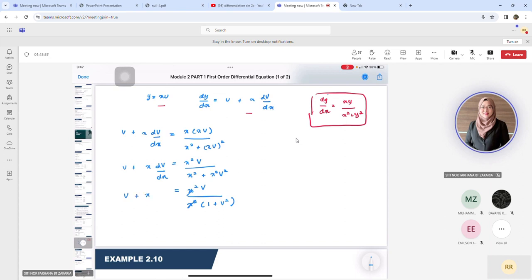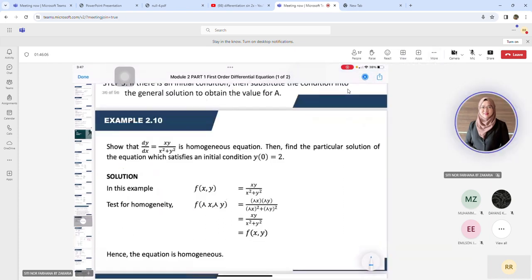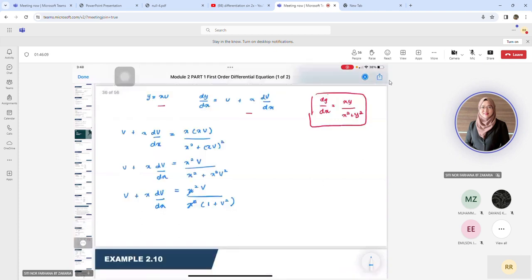So this is simpler equation you can get. Then you can rearrange to have or to separate this equation. So this one, v over 1 plus v power of 2 minus v. V we put in our right side. So it becomes as x dv over dx.